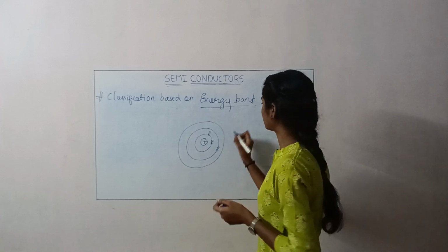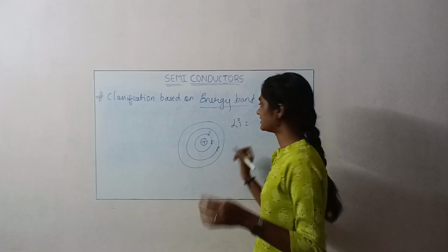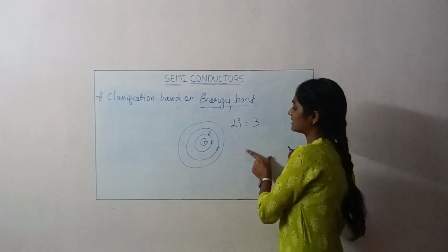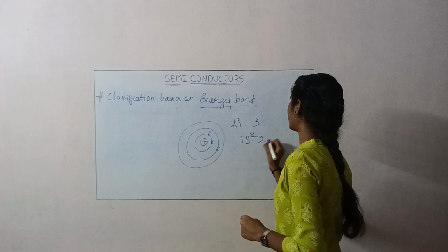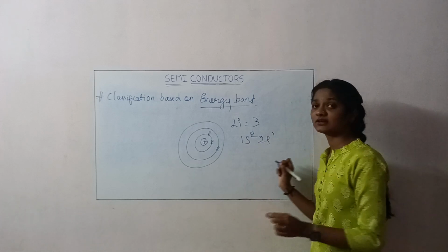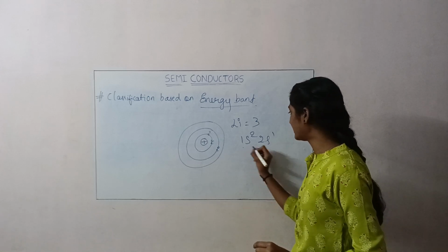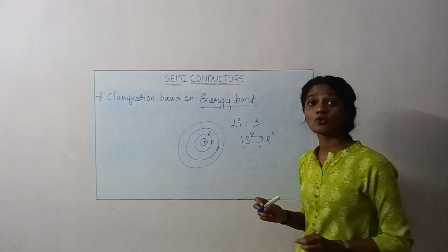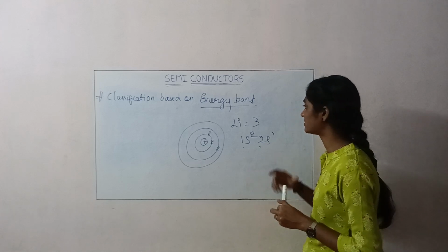Let us take an example: lithium. Lithium's atomic number is 3, so the electronic configuration can be written as 1s2, 2s1. This s is called an energy level, and 1 and 2 are called sub energy levels.